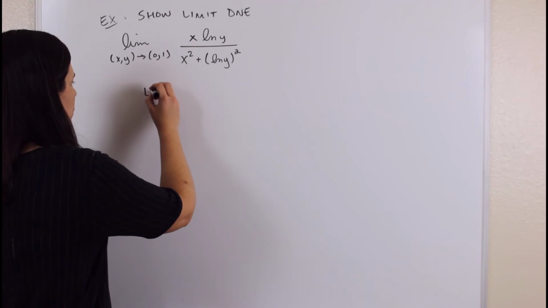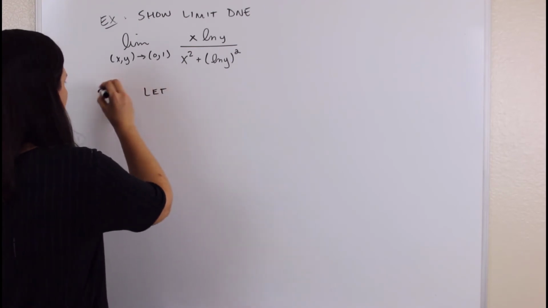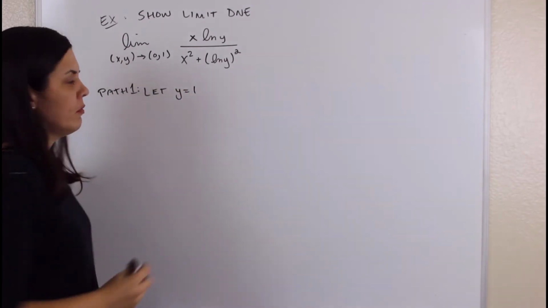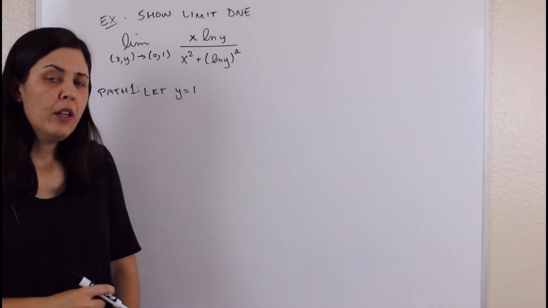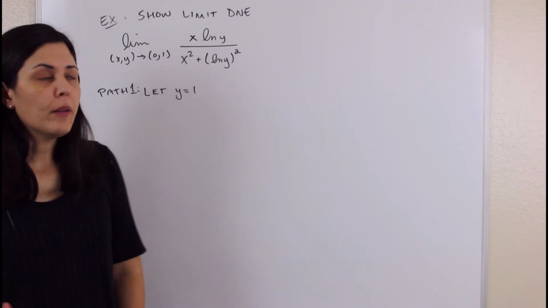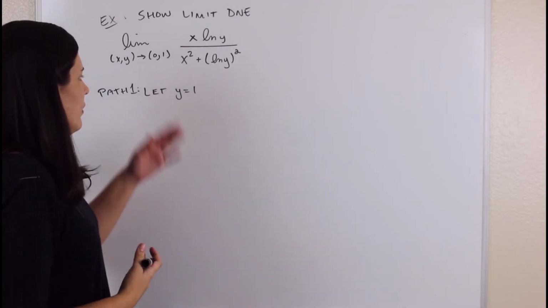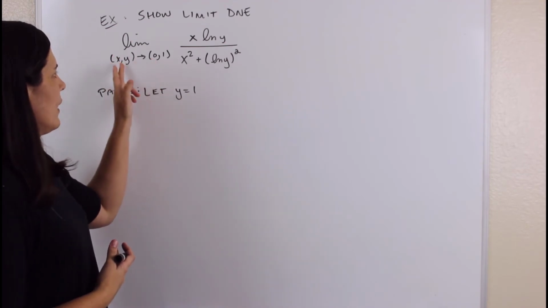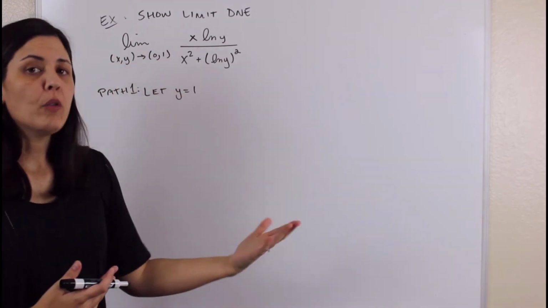So for path 1, I'm going to let y equal 1. I'm going to pick a straight line path, the line y equals 1. And if you think about it, that still approaches the same point because x approaches 0, and then if y is 1, it's definitely approaching 1.